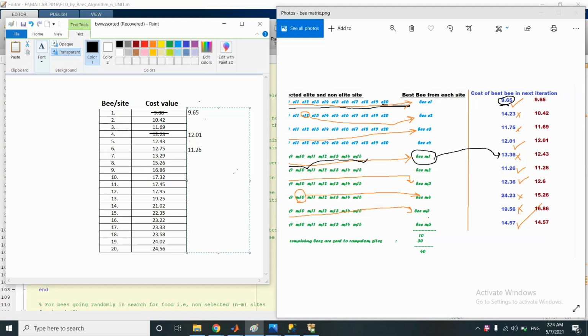The seventh value will also be updated as 12.6, and the 10th value will also be updated as 14.57.